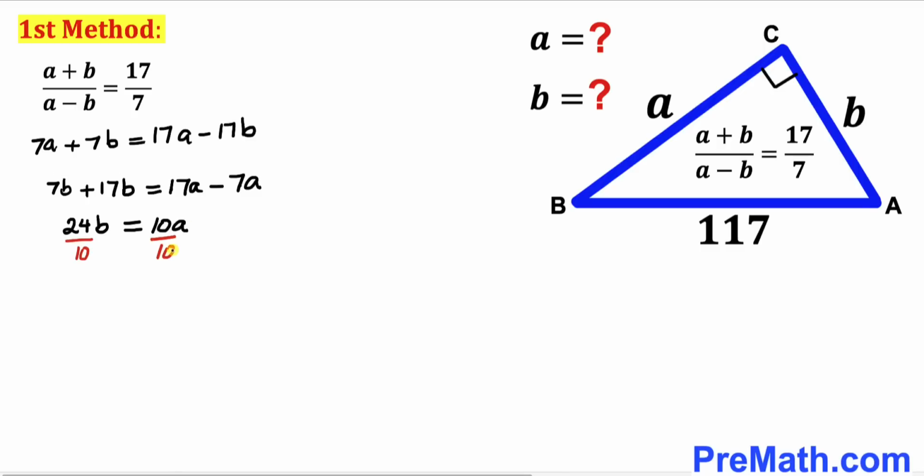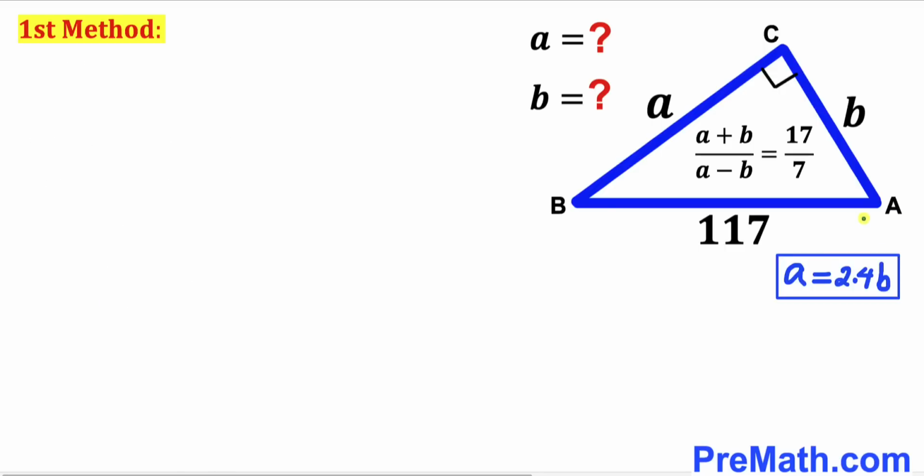Now I am going to divide both sides by 10 to isolate lowercase a. The 10 and 10 are gone. So our lowercase a value is 2.4 times lowercase b. Now let's focus once again on this right triangle ABC.